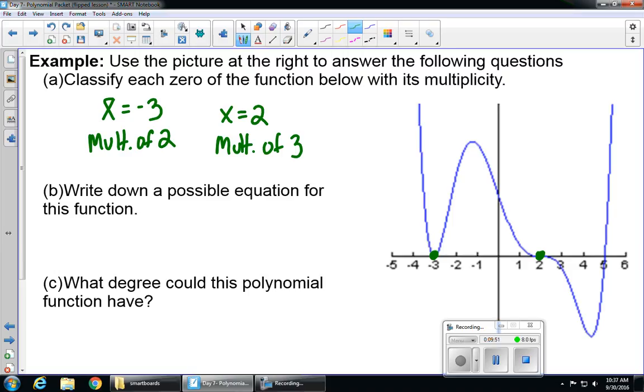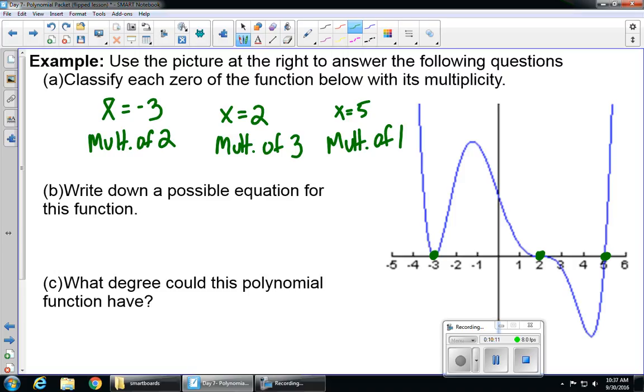And then our last 0 is x equals 5. And at x equals 5, it crosses the x-axis and it goes straight through. It doesn't linger or flatten out or anything like that. So since it's straight through, it's a multiplicity of 1.